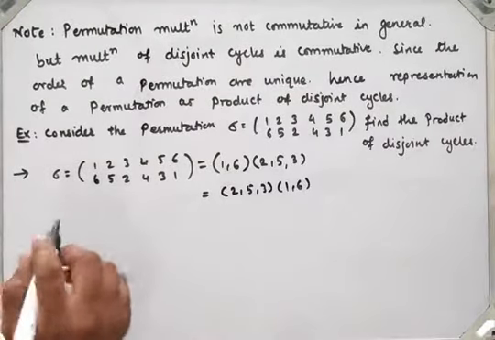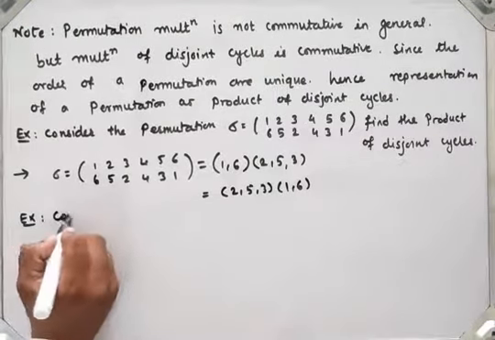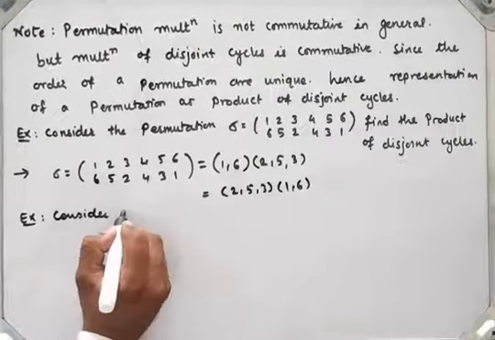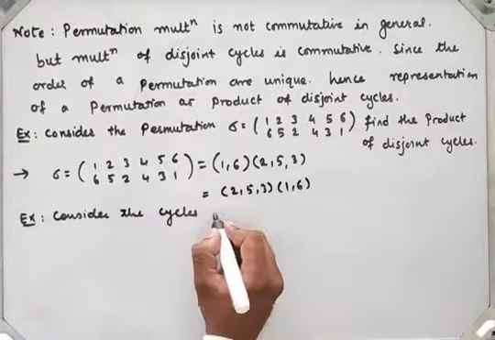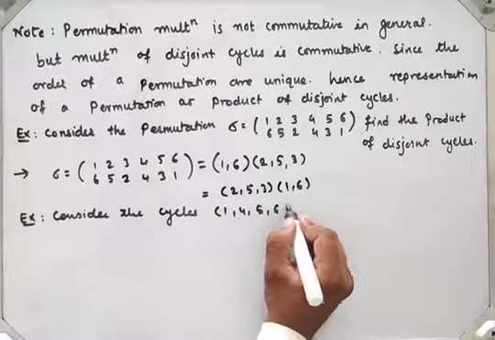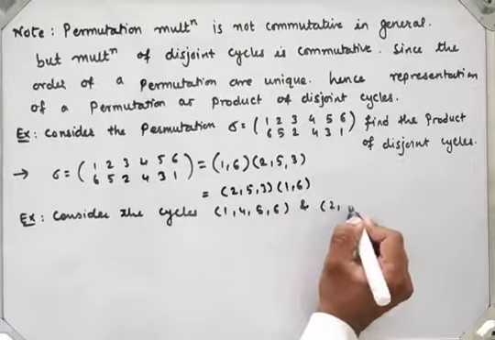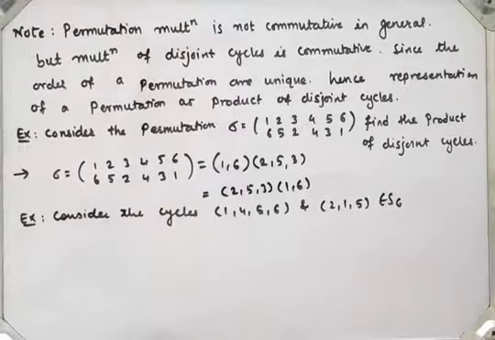Now let's see another example. Consider the cycles (1 4 5 6) and (2 1 5), which belong to S6. Then find disjoint cycles.